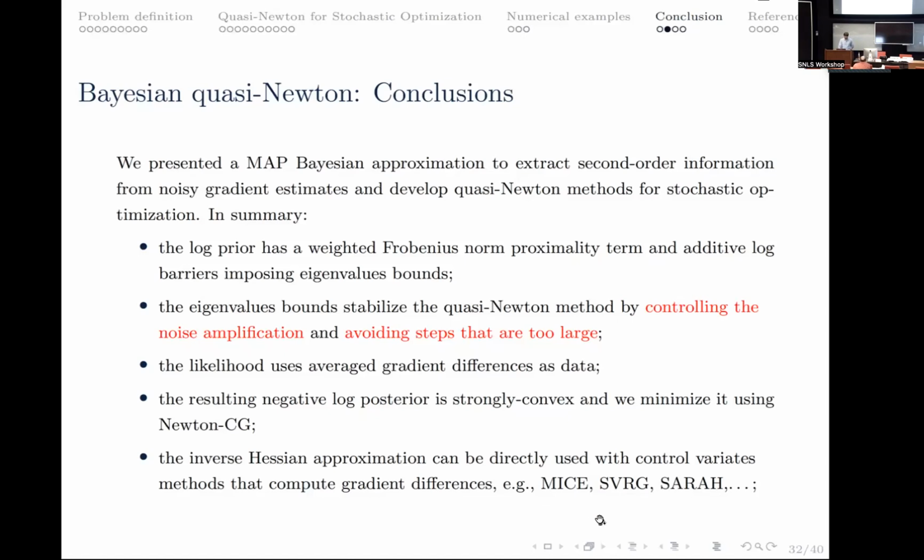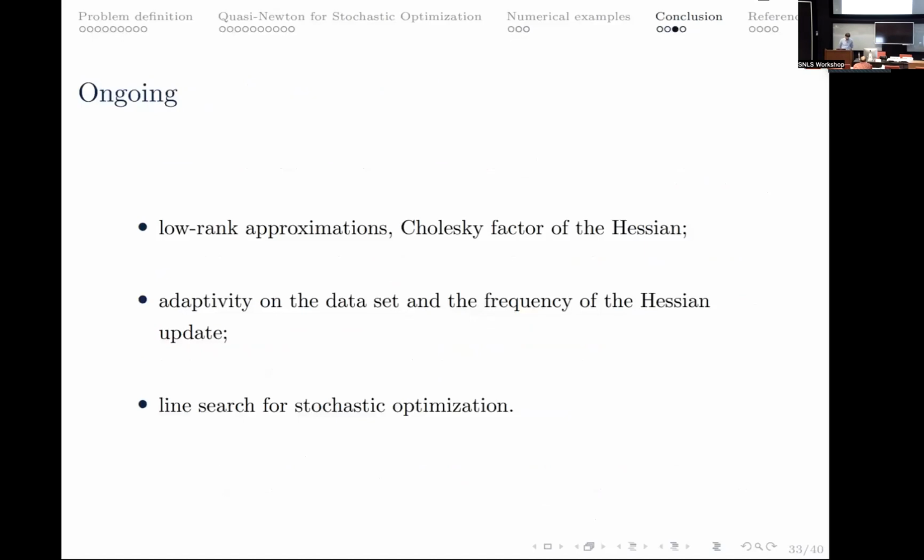So, this is the first of what I hope to be a series of works where we develop these quasi-Newton methods for stochastic optimization. We already have ongoing work on low rank approximations of the matrix to try to move away from this O(d^3) cost that we have so far, to get something better. We already have some promising results.